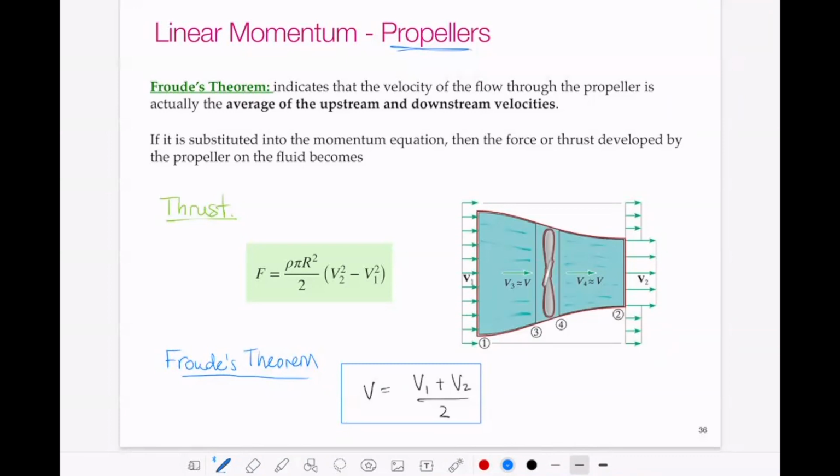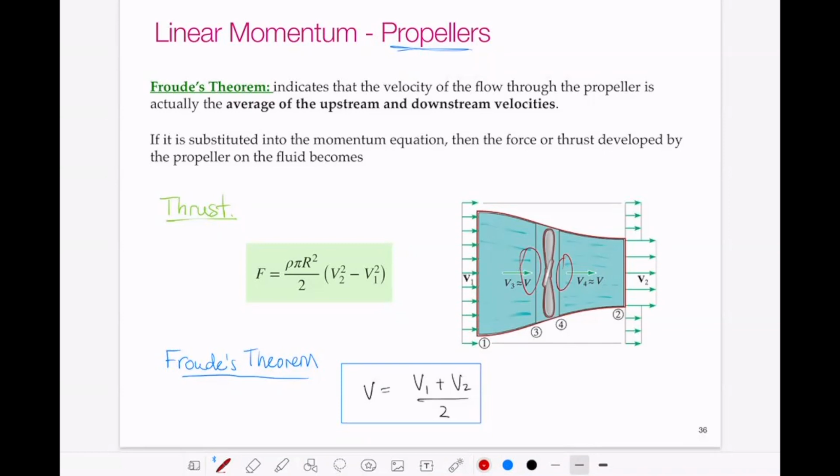And we also derived Froude's theorem, which says that the velocity at point 3 and point 4, right here and right here, just in front and just behind the prop, is more or less constant, and it's equal to the average of the velocities entering the control volume and exiting the control volume.